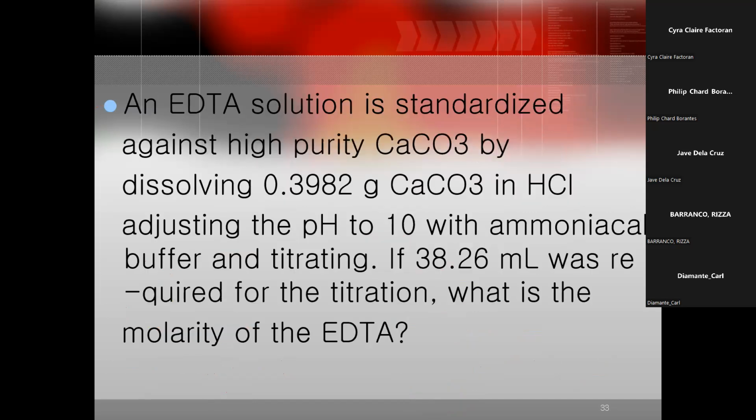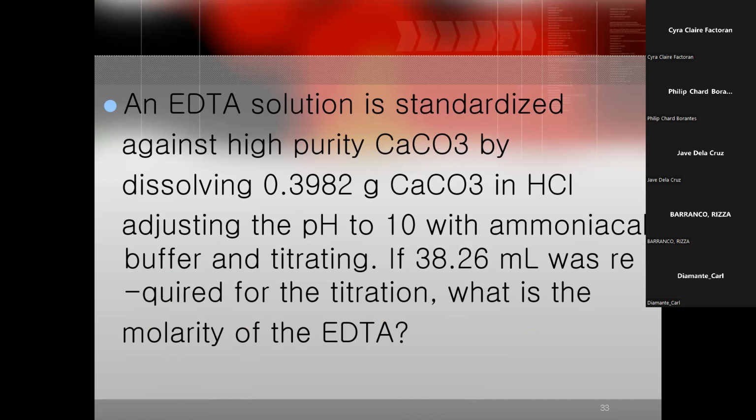Okay, next. An EDTA solution is standardized against high purity calcium carbonate by dissolving 0.3982 grams of calcium carbonate in hydrochloric acid, adjusting the pH to 10 with ammoniacal buffer, and titrating. If 38.26 ml was required for the titration, what is the molarity of the EDTA?